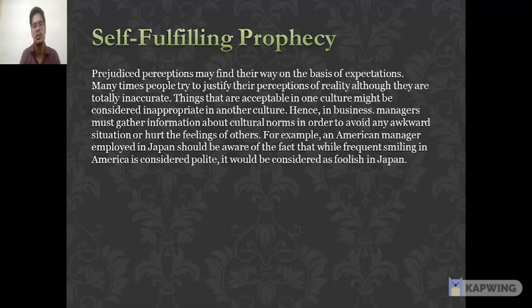Hence, in business, managers must gather information about cultural norms in order to avoid any awkward situations or hurting the feelings of others. For example, an American manager employed in Japan should be aware of the fact that while frequent smiling in America is considered polite, it would be considered foolish in Japan.